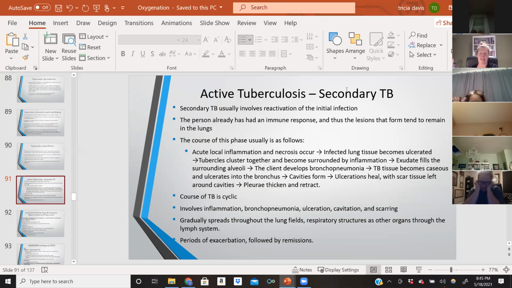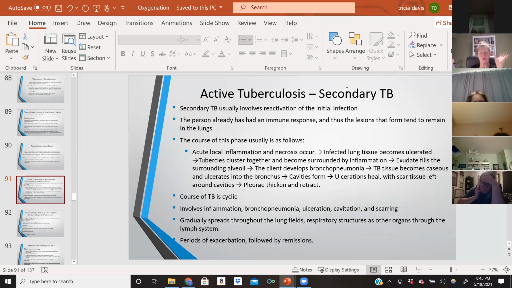So now we have active tuberculosis. This is also called secondary tuberculosis. Secondary tuberculosis usually involves reactivation of this initial infection. So the person has already had an immune response. They had lesions that formed that stay in the lungs. Usually the course goes like I have it on the slide.